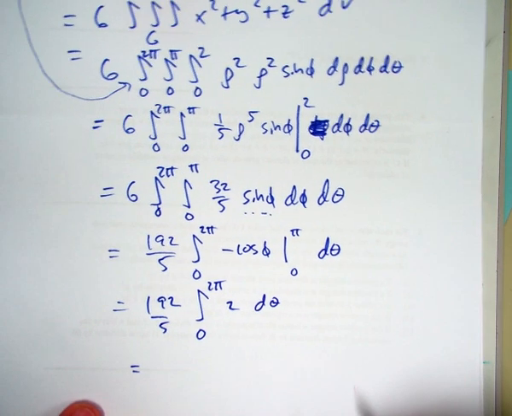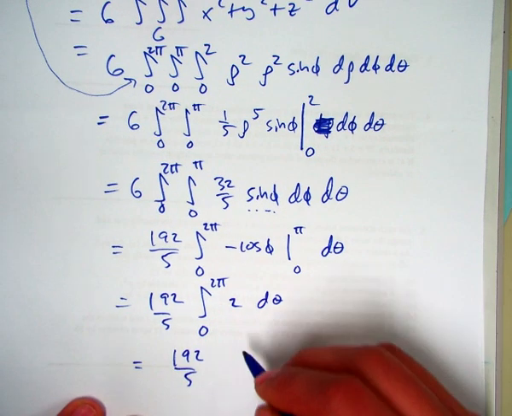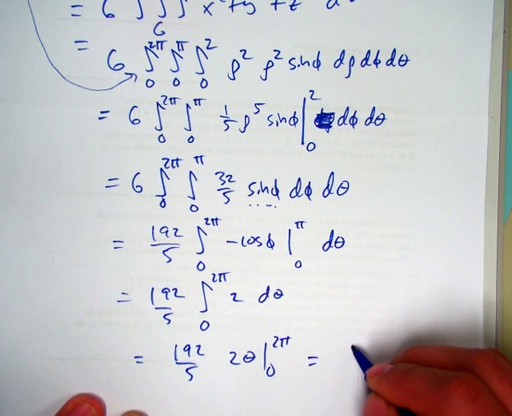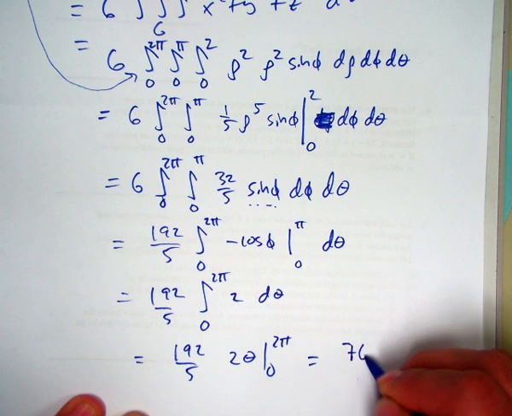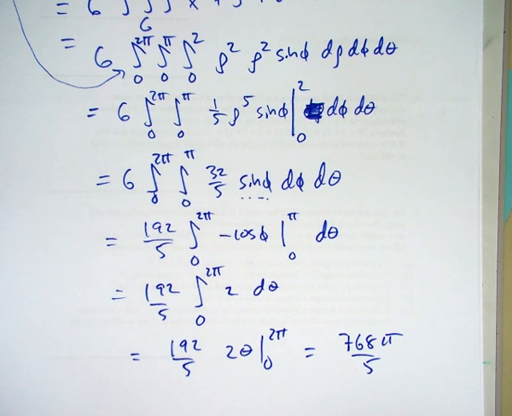Then 2 theta, 0 to 2 pi, so multiply by 4, giving 768 pi over 5. That one was more fun.